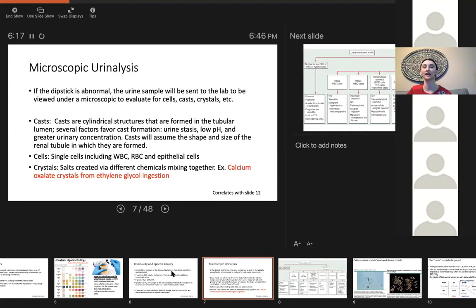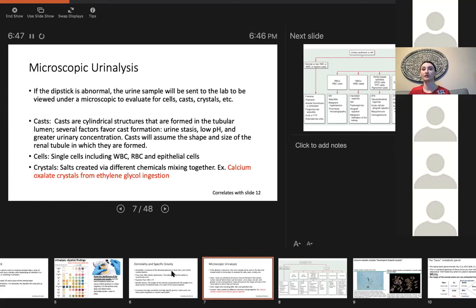Casts are cylindrical structures that form in the lumen of the tube, and they give us some information about that urine. If the urine's not moving, if the urine is acidic, if there's a lot of concentration to the urine, it's going to favor this cast formation.